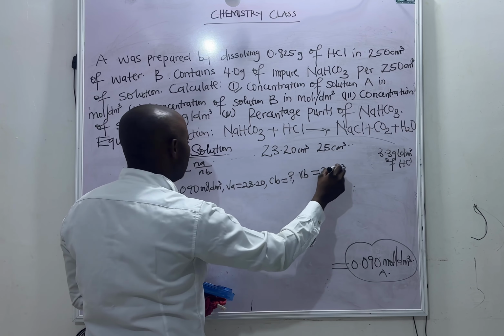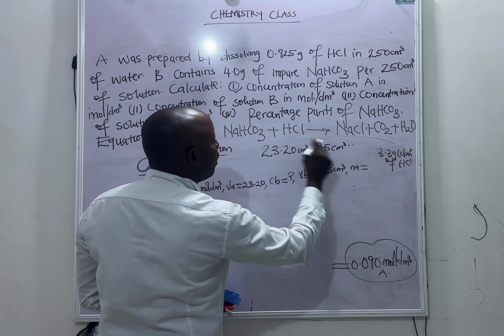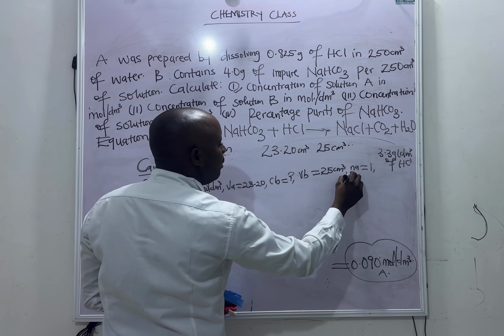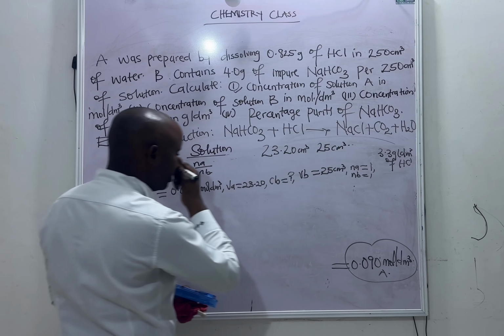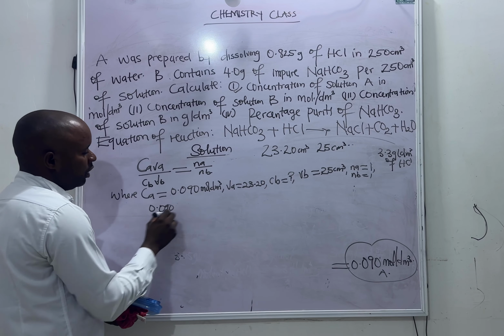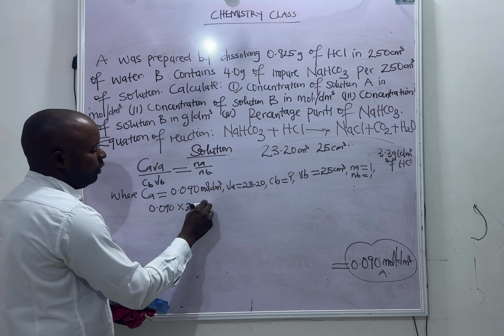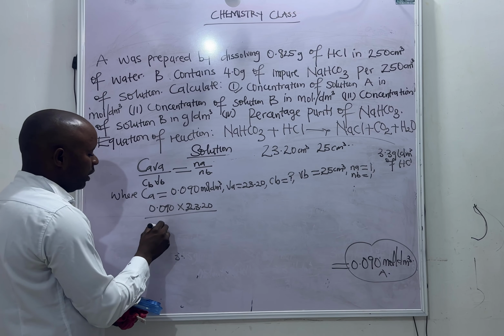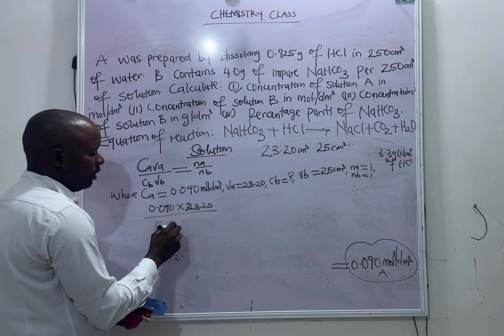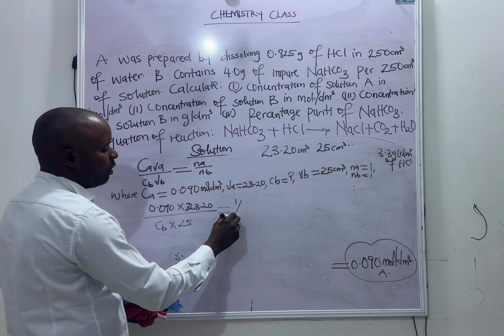So we have NA, the mole ratio of the acid is 1, NB is equals to 1 as well. So let's substitute the value. We are going to have 0.090 times 23.20 all over CB times VB, 25, is equals to 1 all over 1.